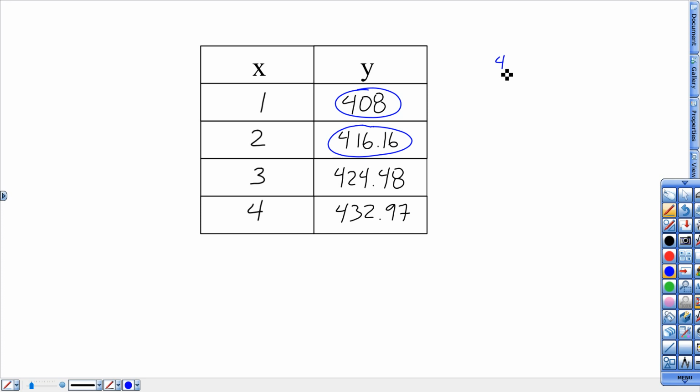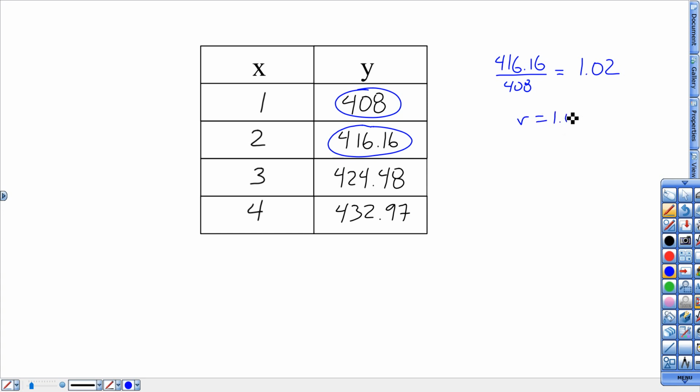That will give you not your slope, but your R number, your common ratio. So 416.16 divided by 408. If I divide that, it should give me the R number, 1.02. That is my R number.